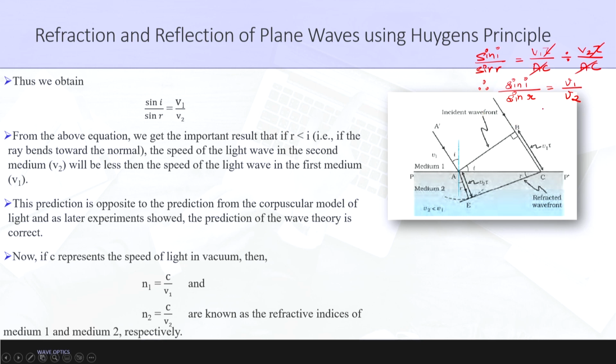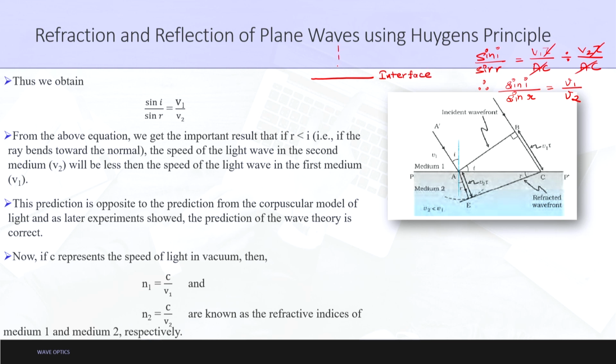Now, from the above equation we get the important result that if R is less than I, that is, the ray bends towards the normal. Just to explain clearly what this is talking about, let us suppose this is the interface.